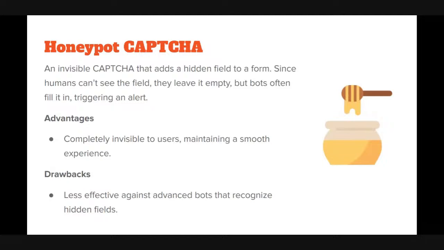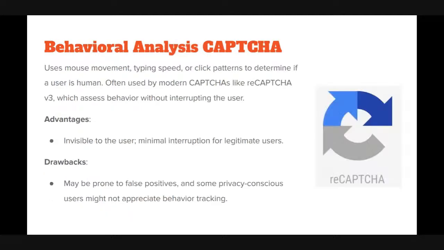So the advantage is that it is completely invisible for users, so it will maintain a smooth experience for real users. But it is less effective against advanced bots that recognize this pattern, these hidden fields.